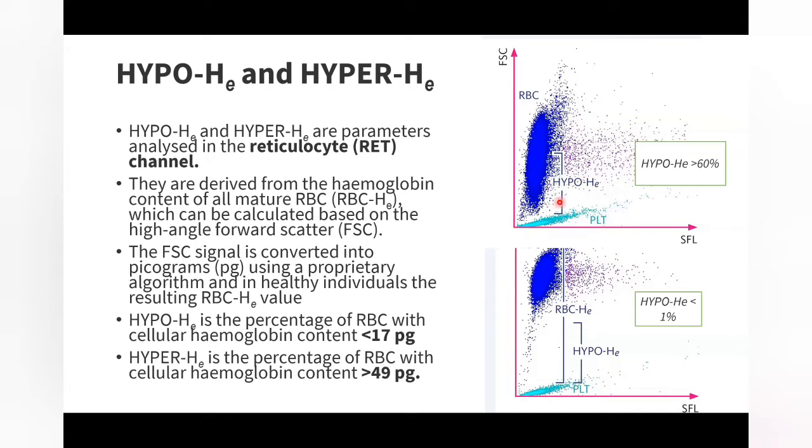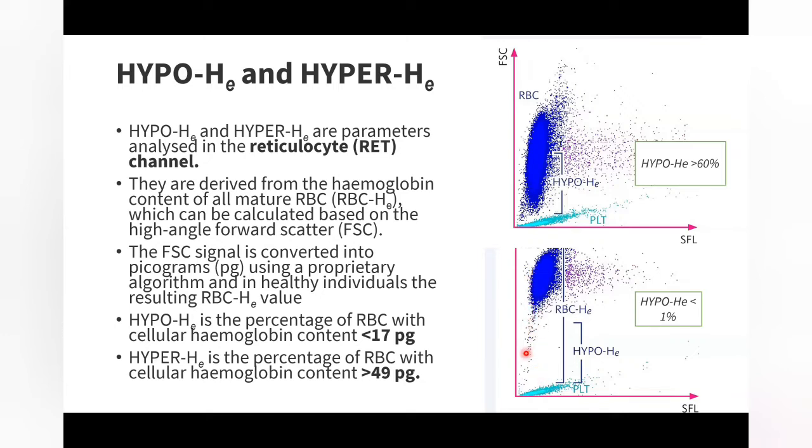I'll give you an example. This is an RBC plot, and let's say this percentage is your Hypo-He. Here you can see that the number of hypochromic RBCs is high, a lot of cells are coming in this lower window, so Hypo-He here is more than 60. Whereas look at this RBC chunk, it is actually coming at the normal place, and the space here is actually less.